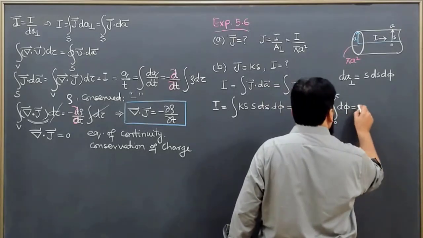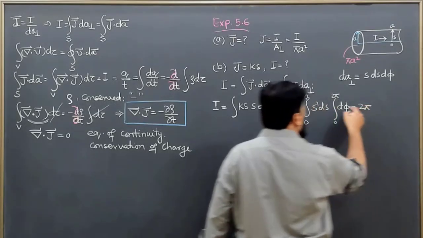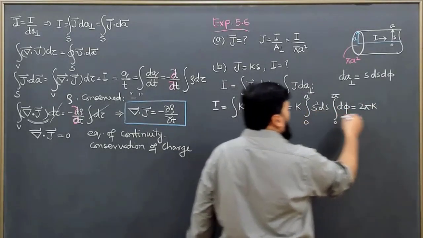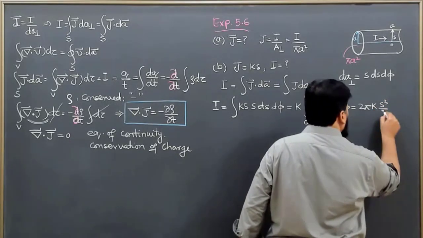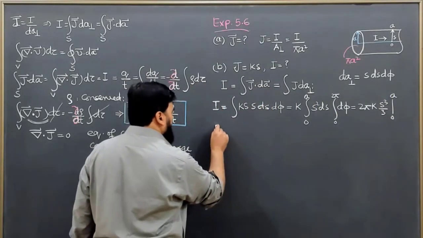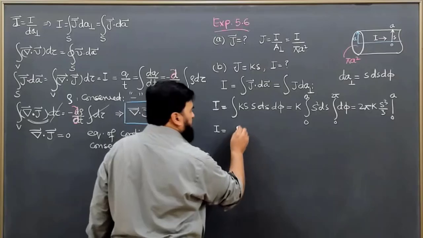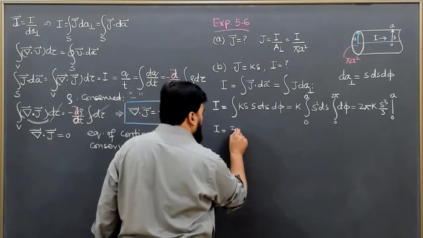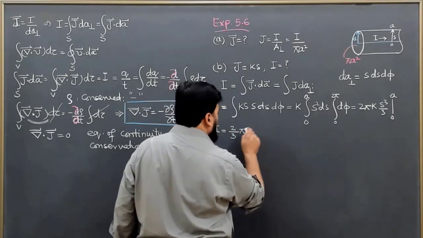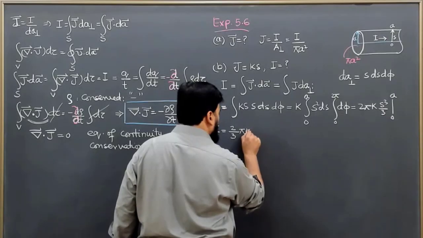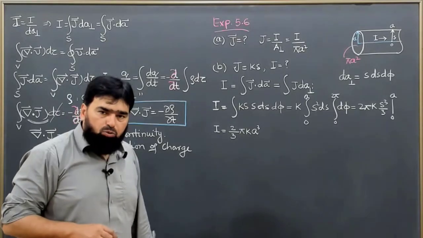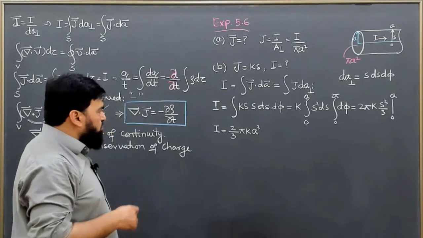So we have 2 pi K times s cubed over 3 from 0 to a, and I is equal to 2 pi K a cubed over 3, while the other term comes out to be 0 because it is a cubed minus 0 cubed over 3.